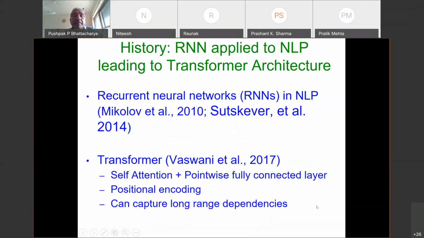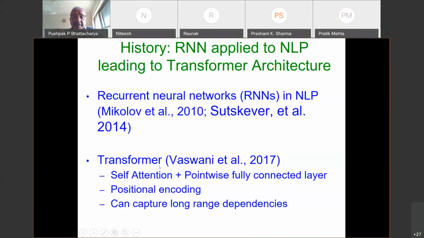Then RNN applied to natural language processing led to transformer architecture. Look at the years again, 2010 and 2014, where recurrent neural networks were applied to natural language processing. In 2017 came this landmark paper called Attention is All You Need.